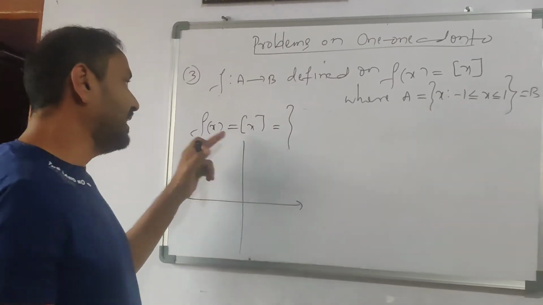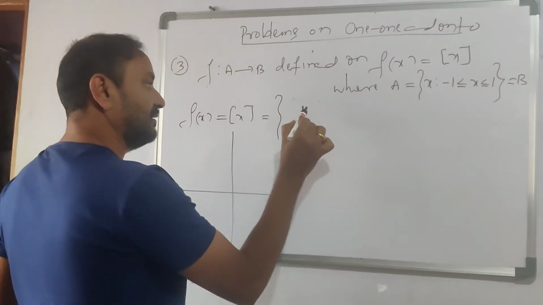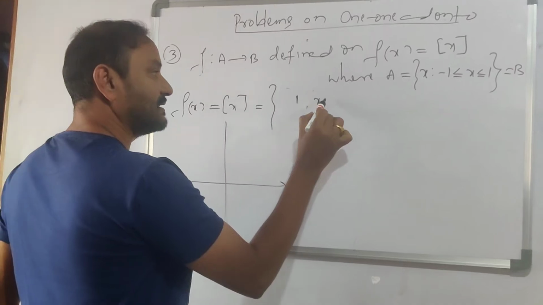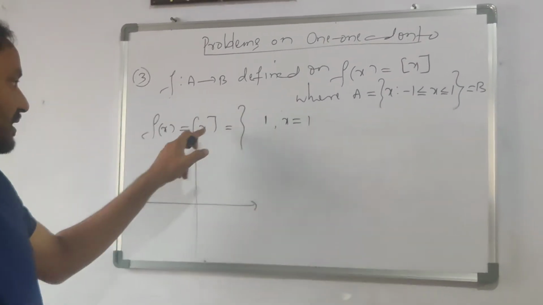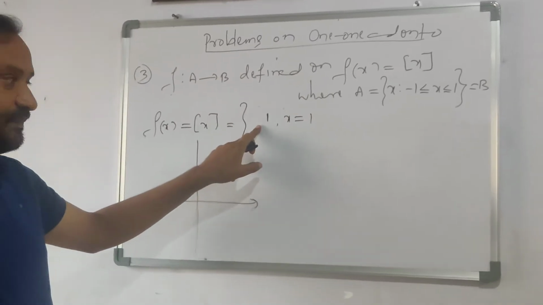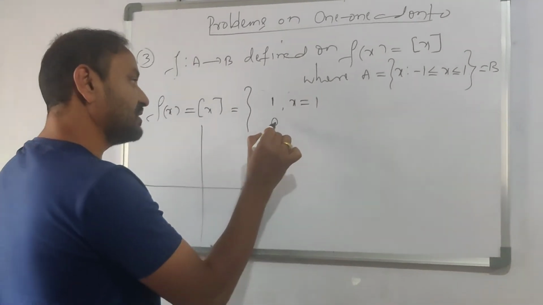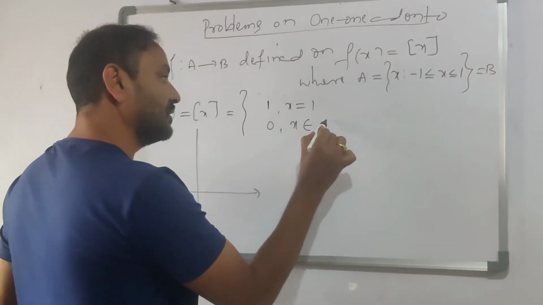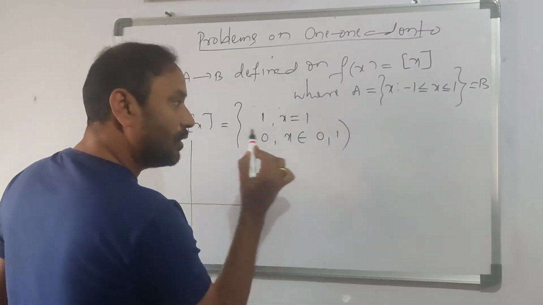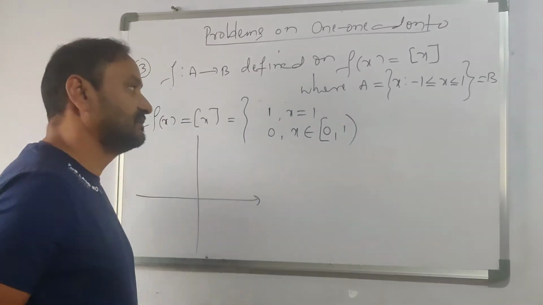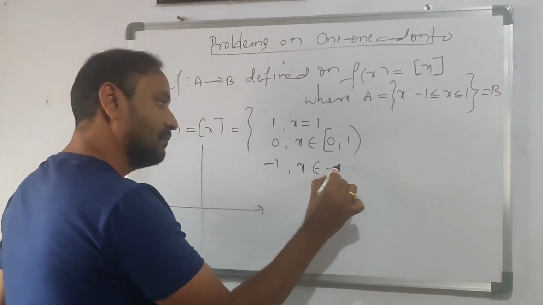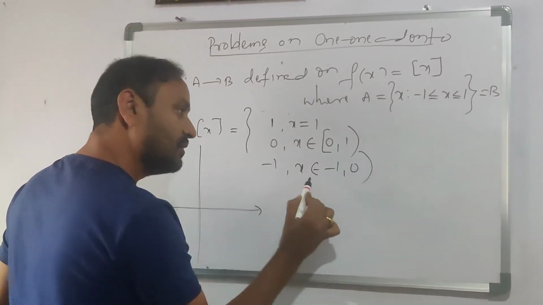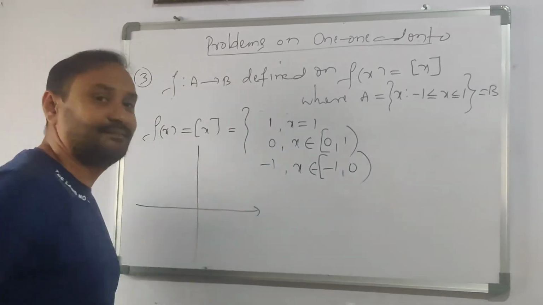That means this is equal to 1 when x is equal to 1. If x equals 1, step of 1 equals 1. It is equal to 0 when x belongs to 0 to 1, closed on the left and open on the right. Next, x belongs to minus 1 to 0, similarly.